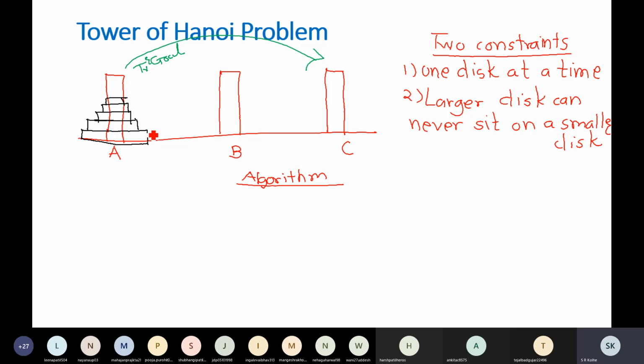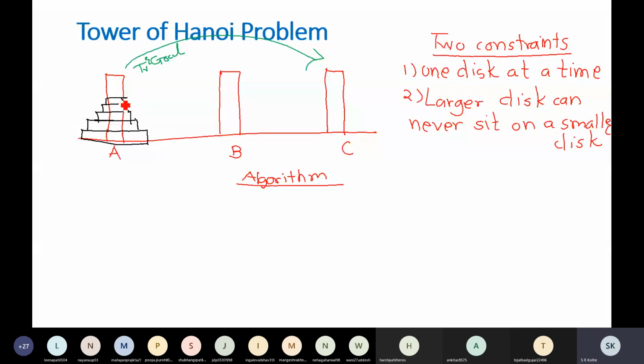Are you getting? Yes, sir. What we are trying to do, we are trying to develop an algorithm to put all the disks from A to C. If I put this first, because first only can be removed first, I cannot directly remove this last one because they are inserted inside the pole.